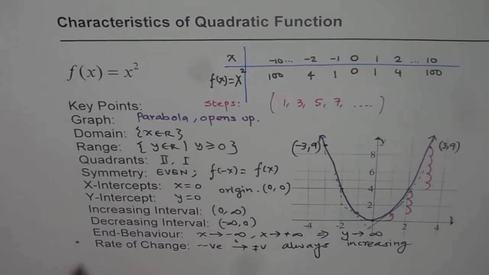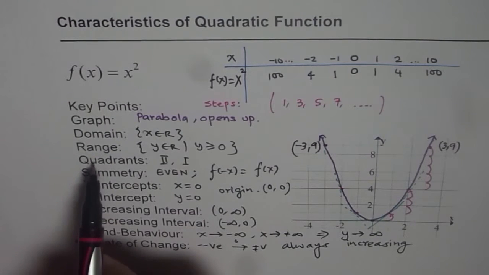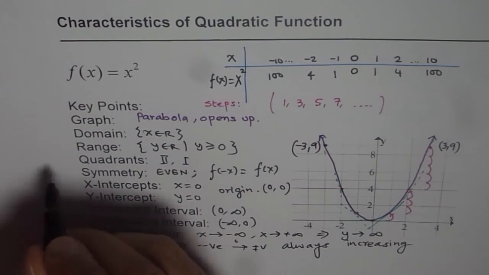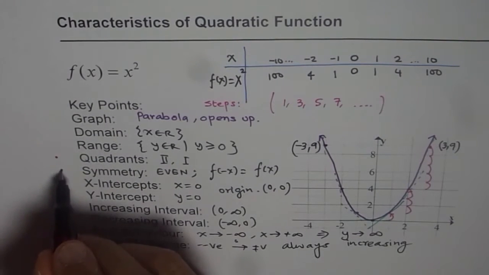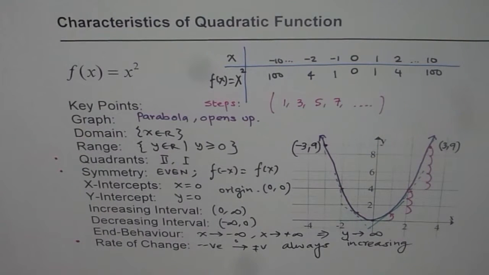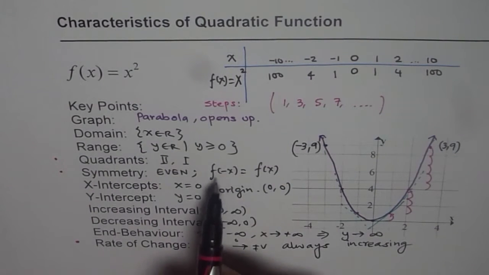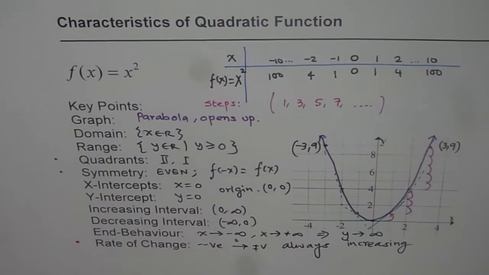Second, which I think is very important, is that it's only in quadrants 2 and 1 and is symmetric about the y-axis, and that is why we say even symmetry, right? So even symmetry means either we can write algebraically f of minus x equals f of x, or we can say symmetric about y-axis, right? So these are very typical of a parabola.